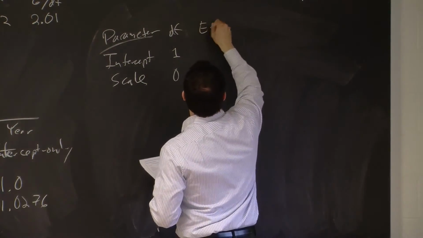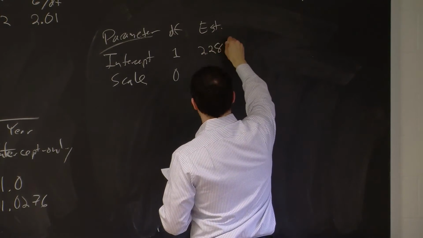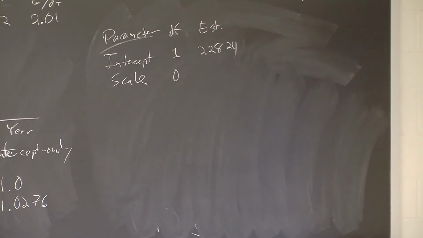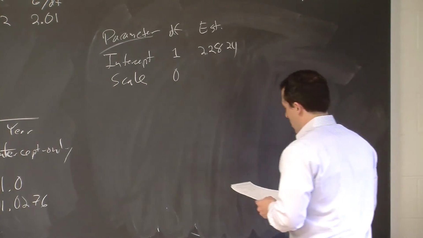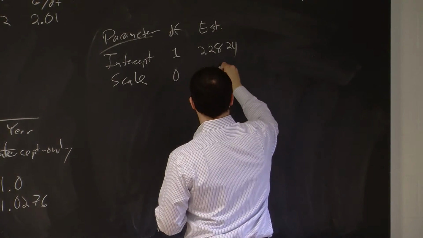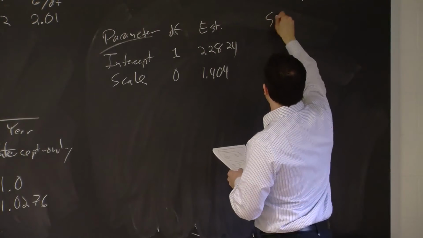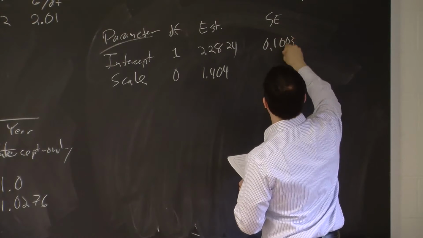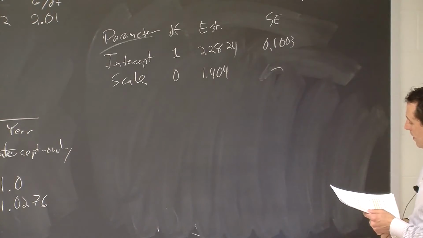We have an estimate, and the intercept will get exactly the same estimate that we got over here, which is just that value that makes the mean correct. And the scale parameter is going to be 1.404, and the standard error 0.1003. The standard error here is not really relevant because that's not how we estimated it.